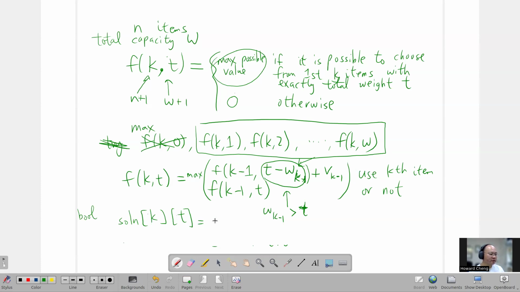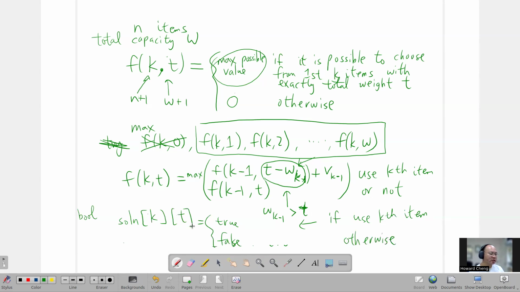It's true if using the kth item gives you the bigger number, and false otherwise.